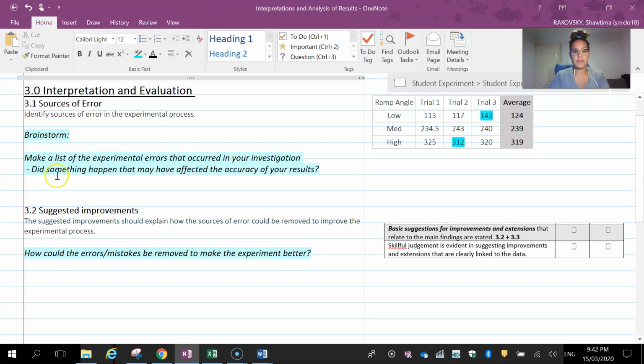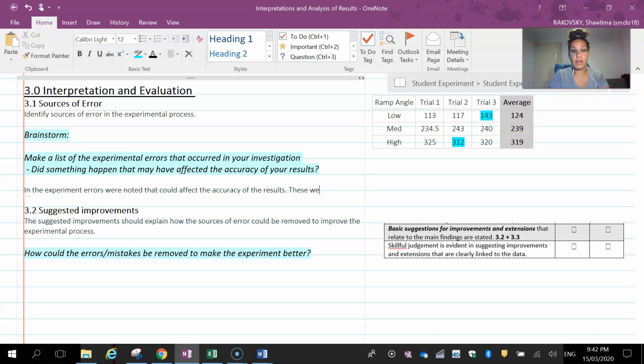So it might be, in the experiment, it was noted that errors could affect the accuracy of the results. Sorry, we should start off with the topic sentence. Results.